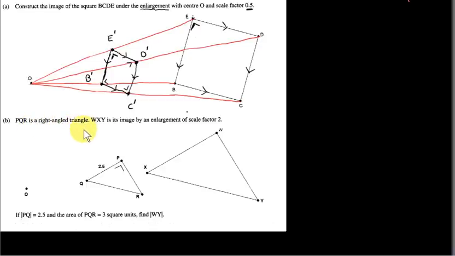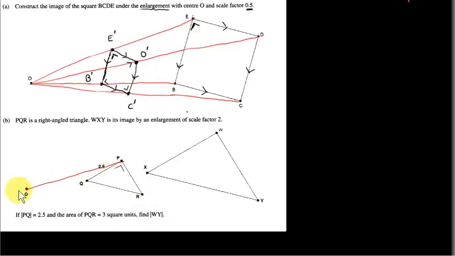PQR is a right-angled triangle. WXY is its image by an enlargement of scale factor 2. So if we wanted to construct the image of PQR under an enlargement of scale factor 2, we would draw lines from the center of enlargement, which is O, through the three corners of this triangle.